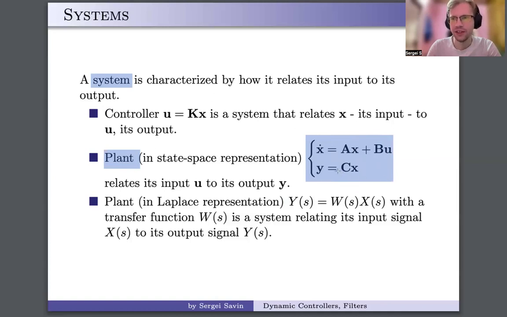Usually you can think of it as a dichotomy between plant and controller. Plant is what is given to you by the engineering problem. Controller is what you design to control this plant. Okay. All right. But all three of those are systems, right? Controller is a system, plant is a system. Okay, good.